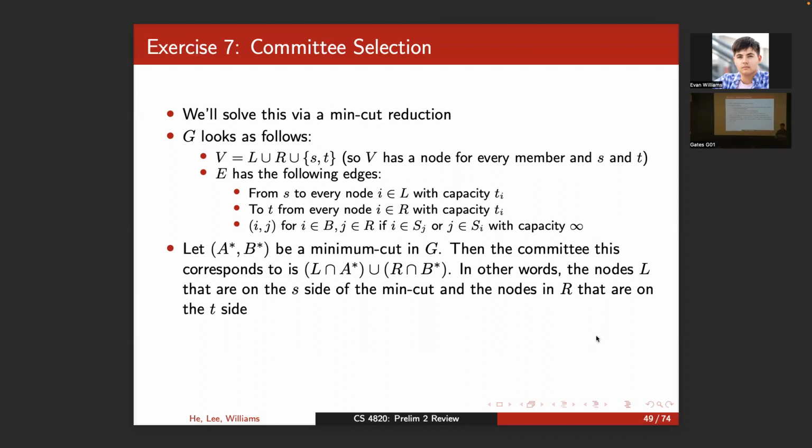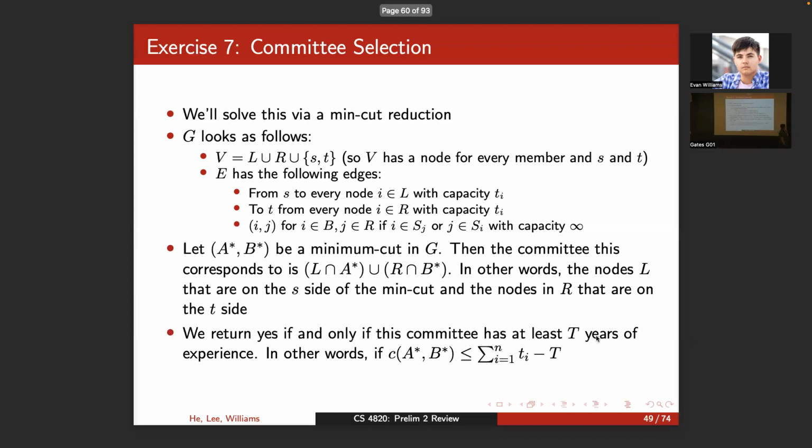And we claim that this corresponds to an optimal committee in the sense that it maximizes the total years of experience with members of no ideological differences. Okay, so we'll return yes if and only if this committee has at least T years of experience in total. So in other words, the capacity of that minimum cut needs to be less than the total years of experience of everyone minus the target, right?